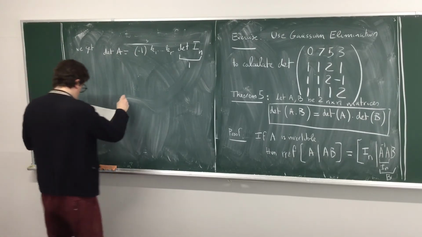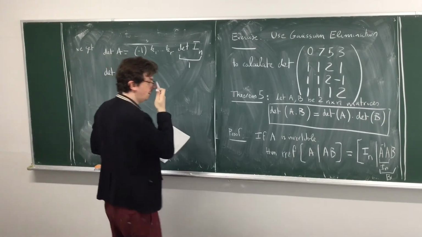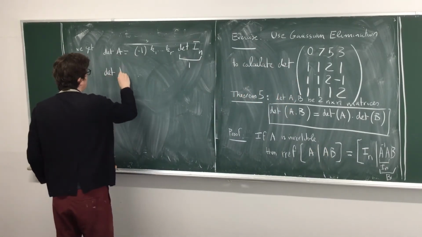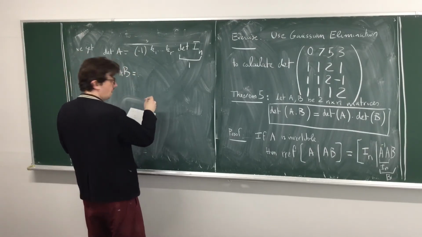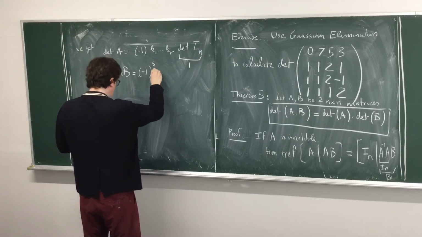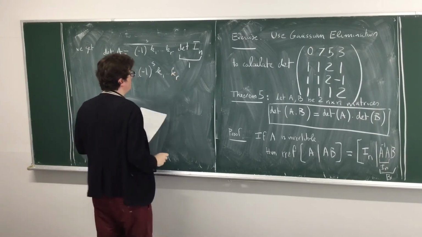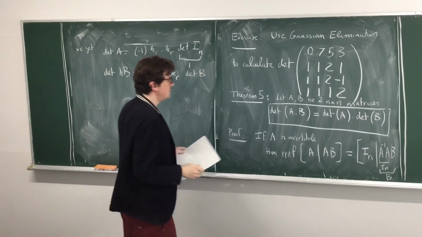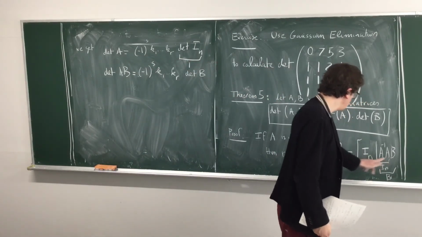Okay. But we get also the following fact just by looking at the right-hand side. So the determinant of AB, this will be again (-1) to the power S, the same scalars K1, ..., Kr, and then the determinant of B. So we get this by just looking at what happens on this side, right?